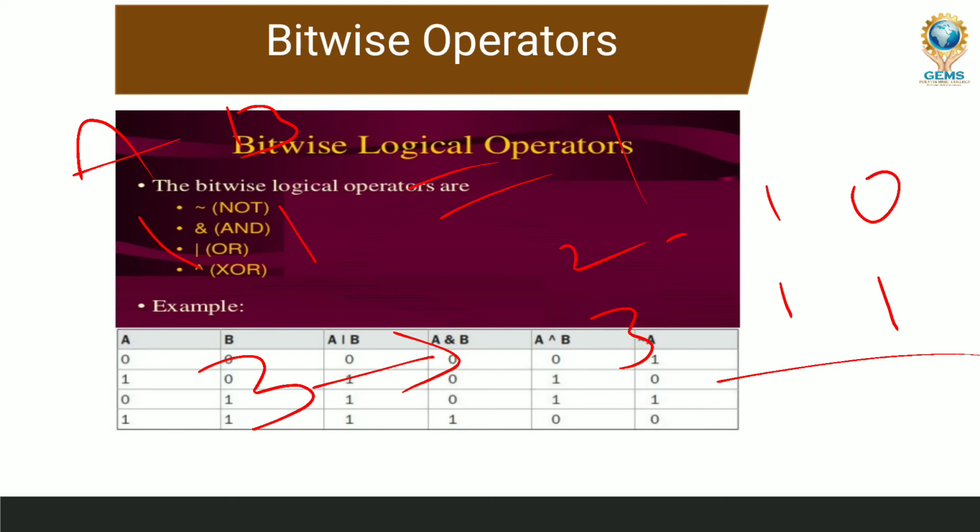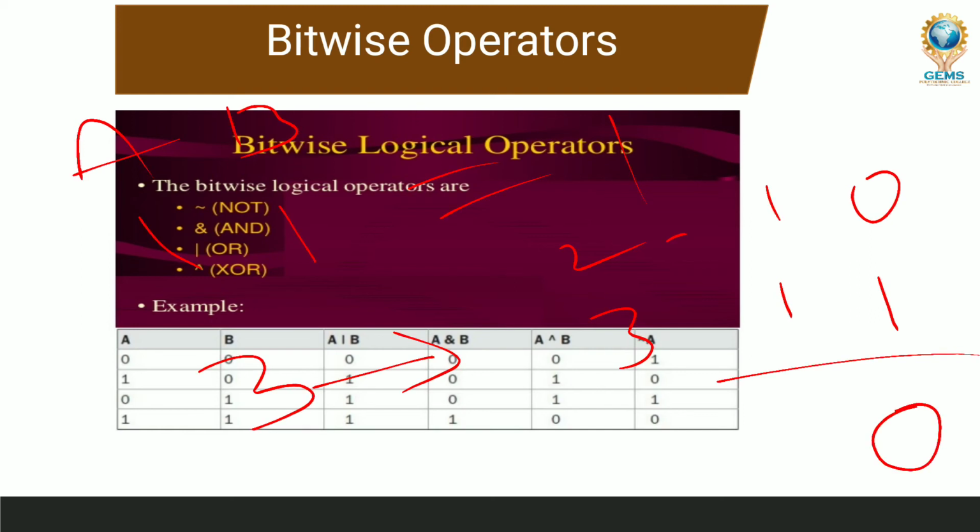But we are following logical operators, so we have to follow the truth table. Just look at 0 1. I already said in the truth table of the AND operator, only when both are 1 1 will the answer be 1. Apart from that, all cases give 0. So 0 1 gives 0 only.